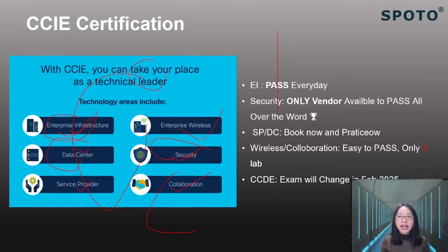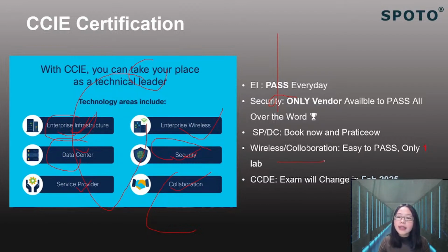80% of our customers will choose EI as well, and we have stable passes on this exam every day. Also, we have the world's first and only pass in the CCIE security lab. That's the important reason why you need to choose SPOTO, so you can trust us.